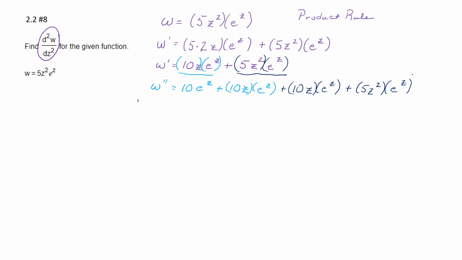Now I'm just going to clean it up here a little bit. So we'll have 10 e to the z plus 10z e to the z, then plus 10z e to the z, plus 5z to the second e to the z.